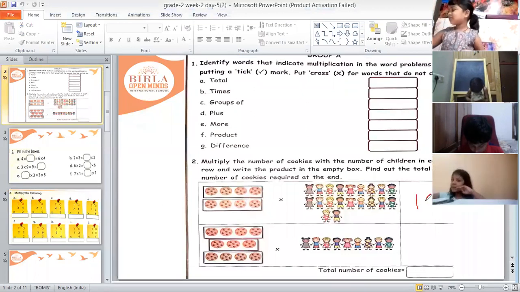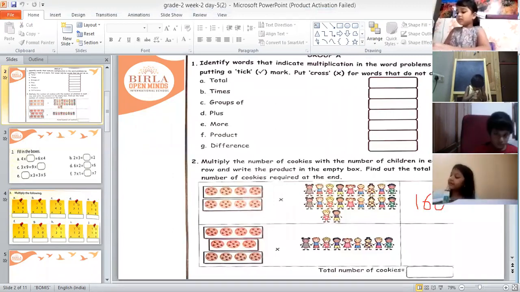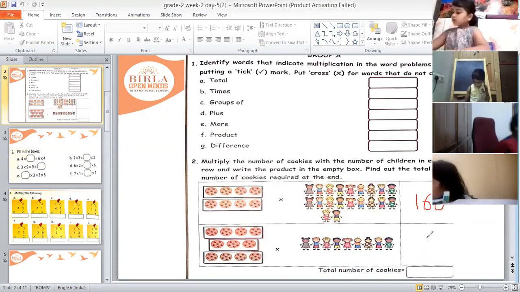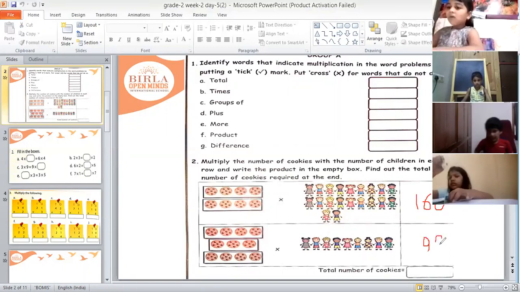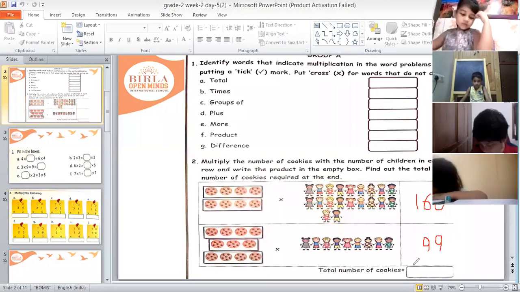And in the second box, we will write here 99. And children, remember this thing, that exactly below this 6, you will write 9, and exactly below this 0, you will write another 9. You should write 99 like this.